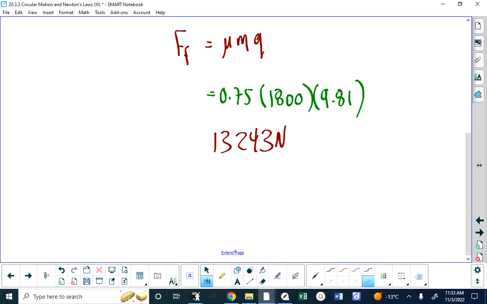Are you getting the same answer? Yeah? Okay, good. Now, keep something in mind for the next part of this little investigation. That's the force of friction between this vehicle and the road, no matter what it's doing, as long as it's on a level surface. So whether it's going fast or slow, or whether it's going in a straight line or in a curve, that's the force of friction.